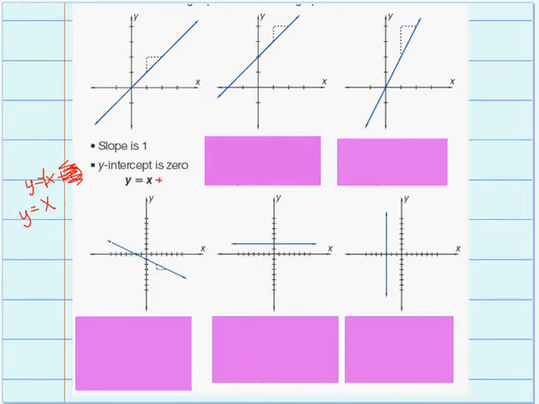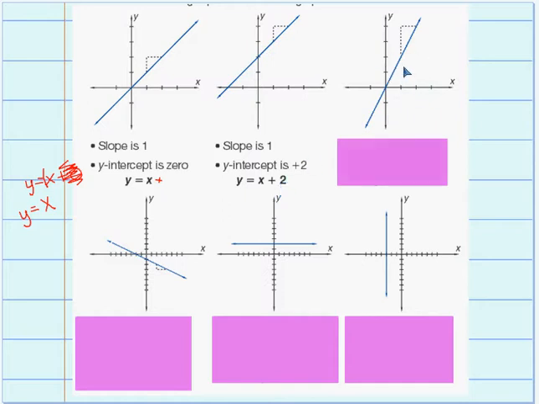The second graph, we are crossing the y-axis at the point at 2, where y equals 2, and we have a slope of up 1 over 1, so it would be, again, 1. So this one, slope is 1, your y-intercept is plus 2, and so you get y equals x plus 2.